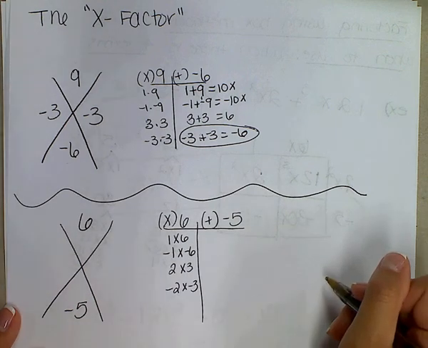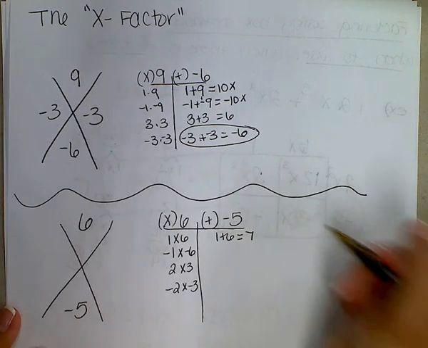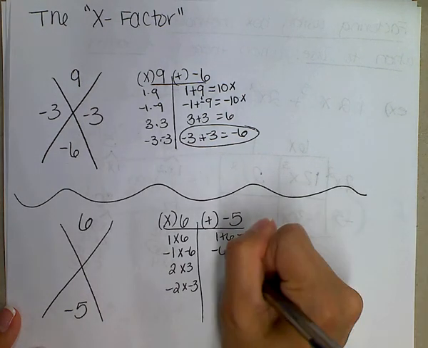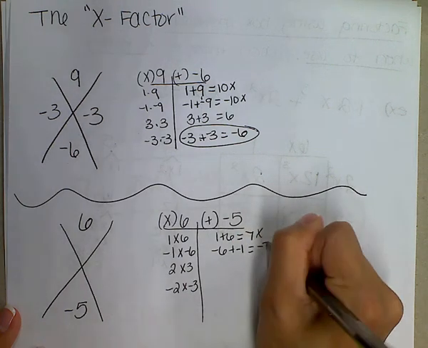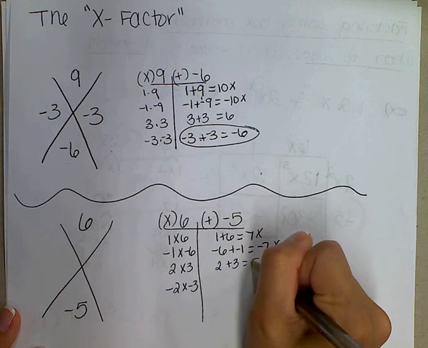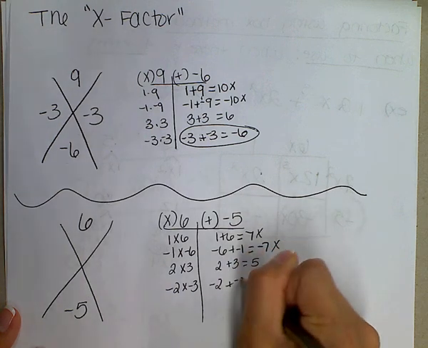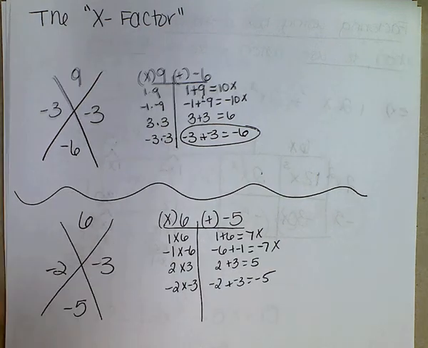So if I add those numbers, which one will give me -5? Not that one. -6 and -1 will give me -7. That's not helping me. 2 plus 3 is 5, and -2 plus -3 is -5. So -2 and -3 are the two values I want.